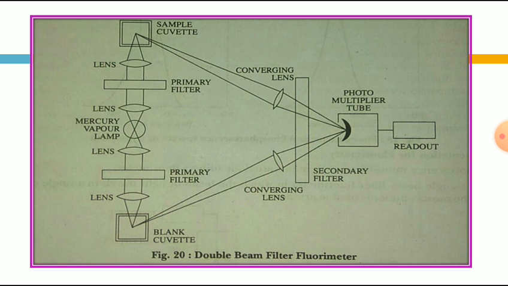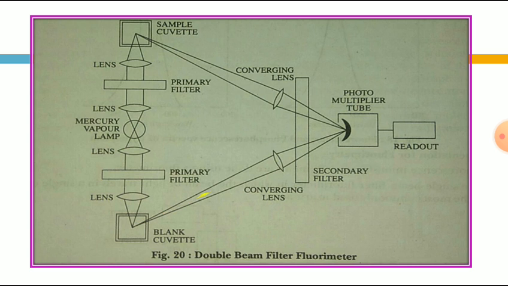Again we start from the mercury vapor lamp. This is the lens. Then half of the light will pass through this primary filter and fall on this collimating lens. Then that will reach the blank cuvette, or you can say distilled water.